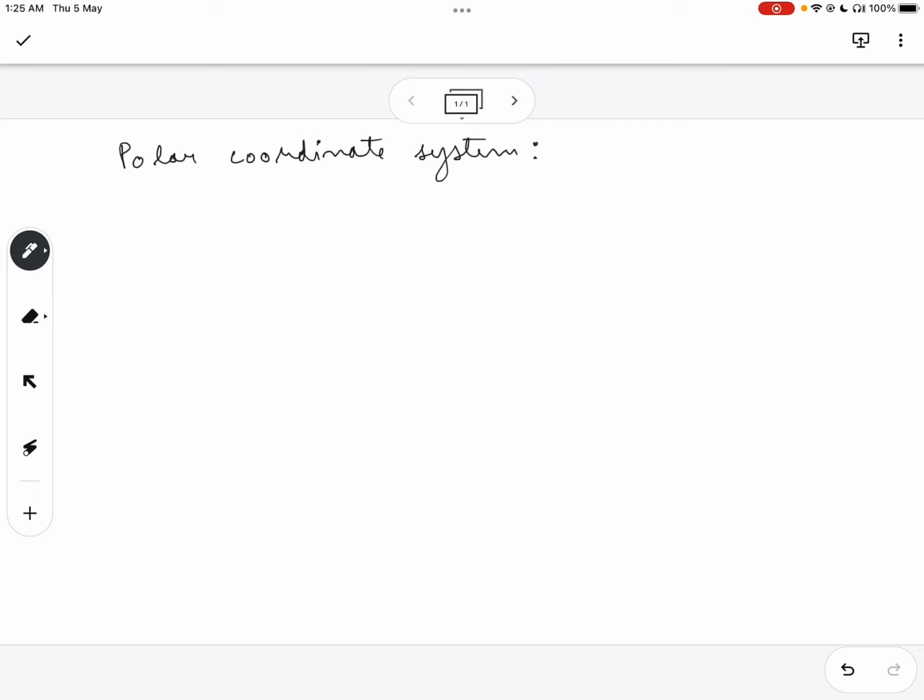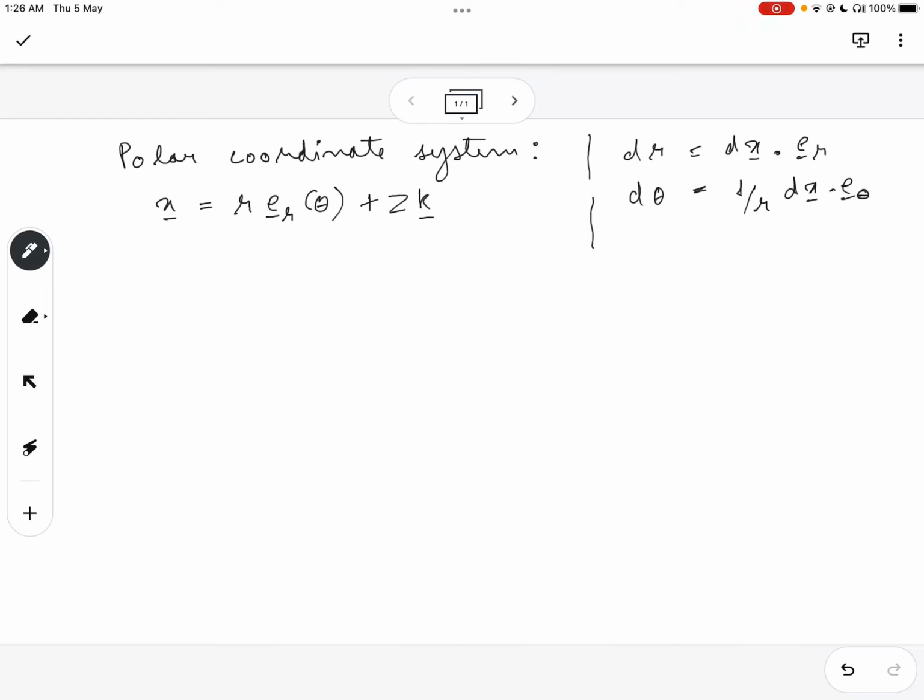Following the same procedure as before, x can be written as r er plus z k. Therefore, dr becomes dx dot er, d theta becomes 1 by r dx dot e theta, and dz becomes dx dot k.